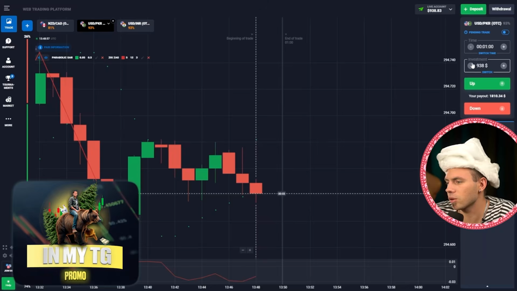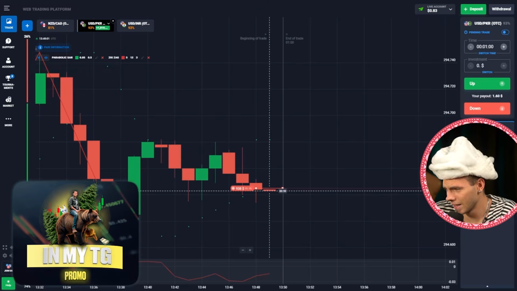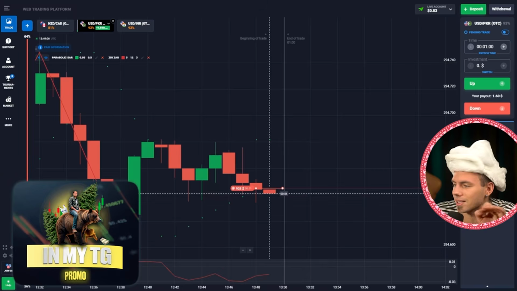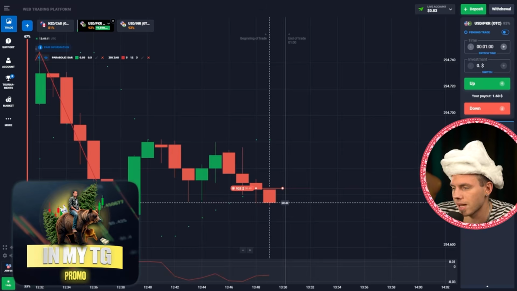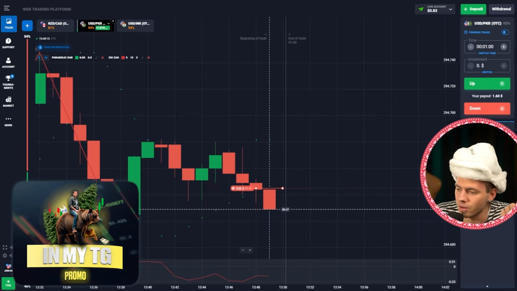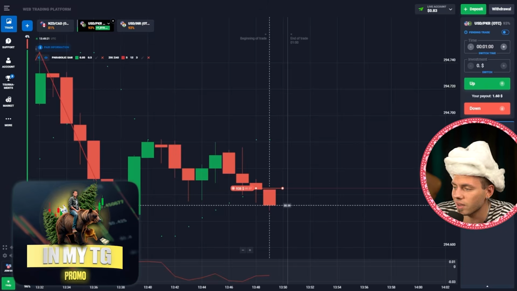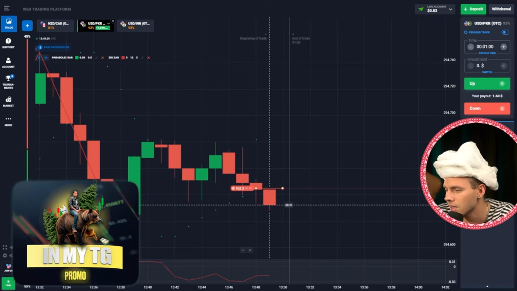So let us set the amount, $938, and right now I'm opening a sell trade over here. You will ask me why, I will explain. Here we have a signal to short. The oscillator has a downside range over here, and we expect a further decline. There are no indicators telling us that the price can go up. There is a strong resistance level at 294.680.